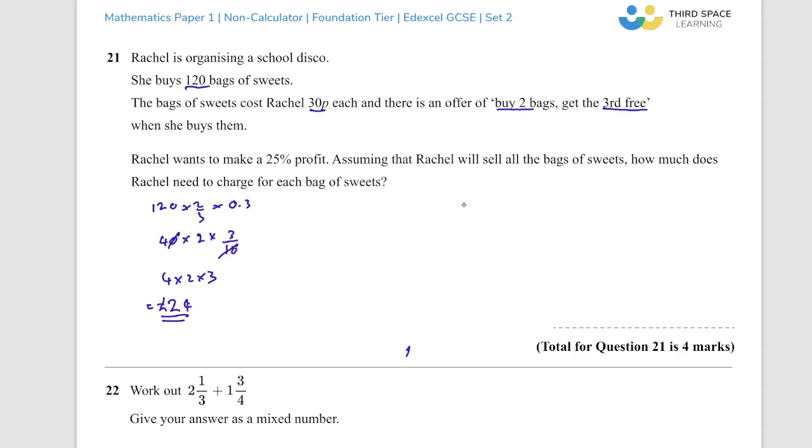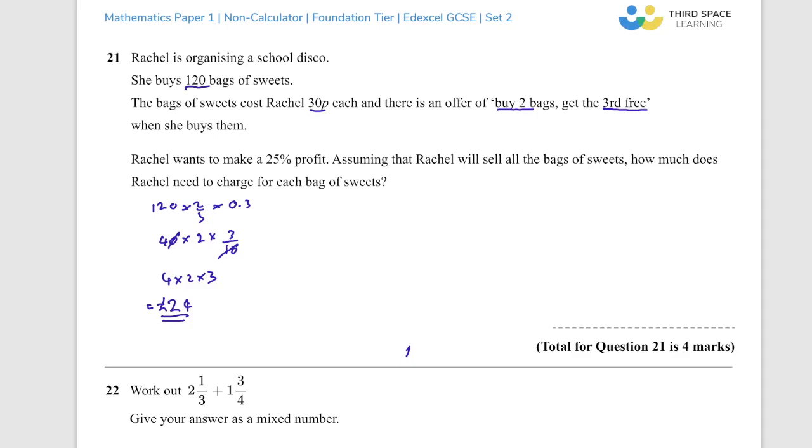Okay, just trying to work out whether I could have done this slightly easier. We will stick with that. So she wants to make a 25% profit. So she wants to, in effect, make 25% more on that.